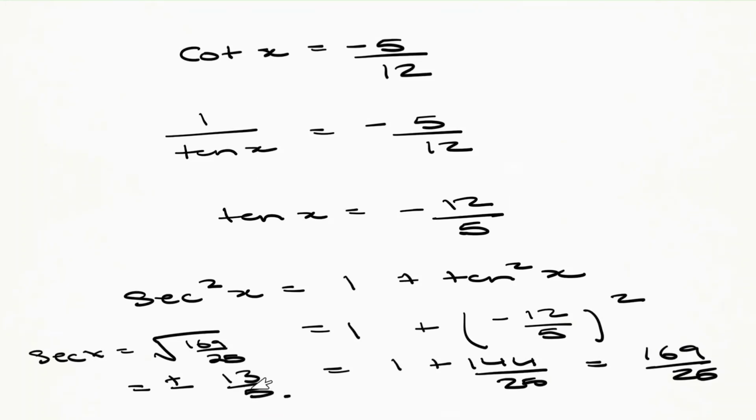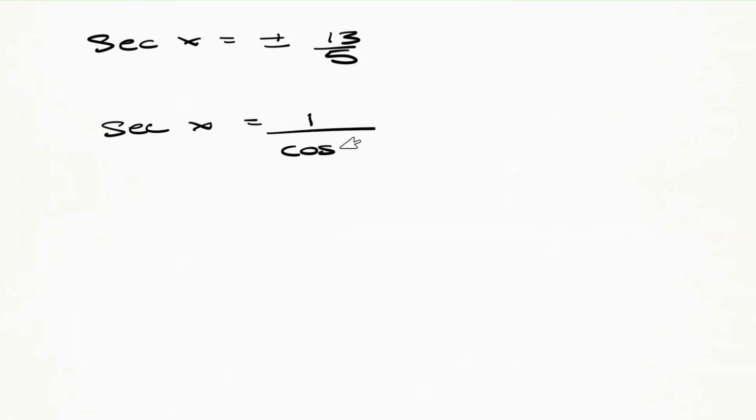Right, so we know that the secant, so what else can we find out? We know that the secant of x is plus or minus 13 on 5. Well, the secant of x is the inverse of cosine x. So we know that the cosine x is plus or minus 5 over 13.